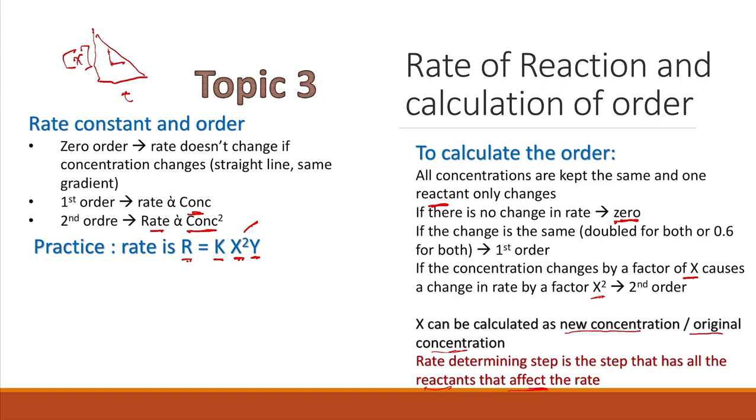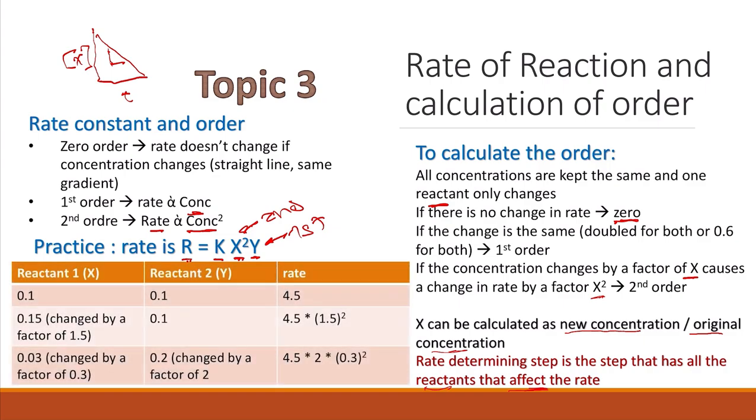That means it's second order for X and first order for Y. Then if they give you the concentration of X and Y, both 0.1, and the rate was 4.5, and then reactant 1 changes to 0.15 while reactant 2 is kept the same at 0.1, you need to calculate the rate for this reaction.